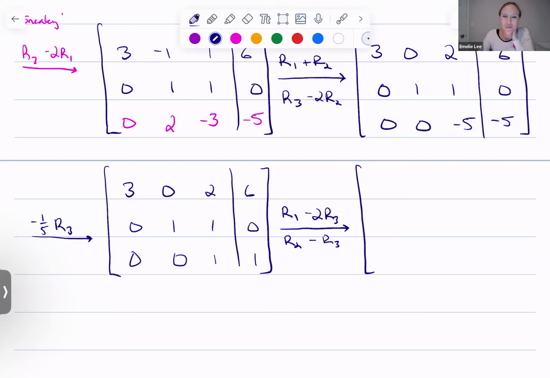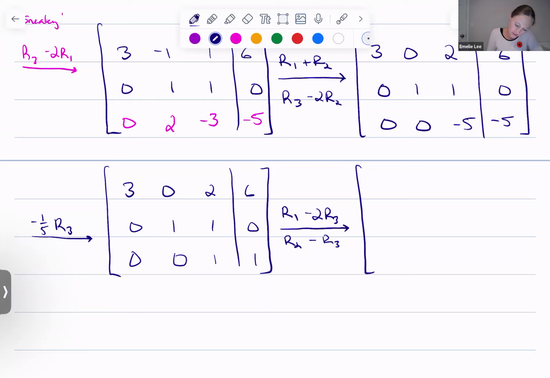I find working with matrices is really relaxing because you can just plug away at it and eventually you'll get there, right? You're just doing the same thing over and over and over again.